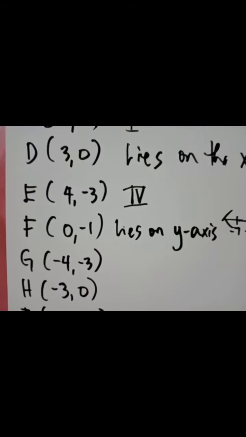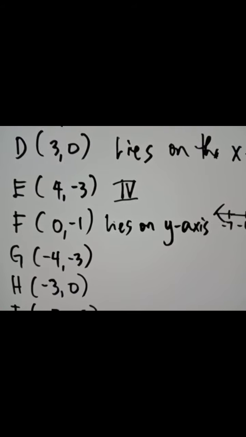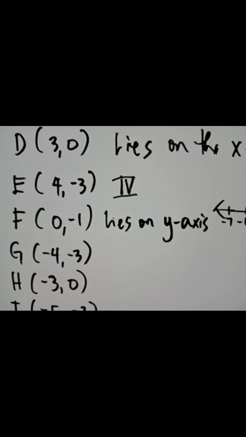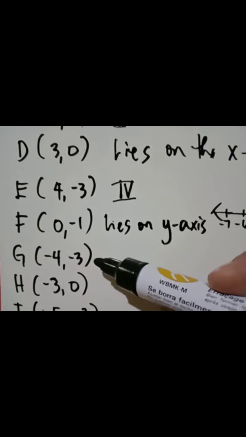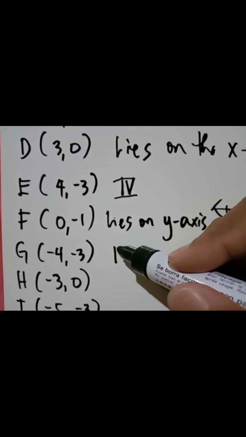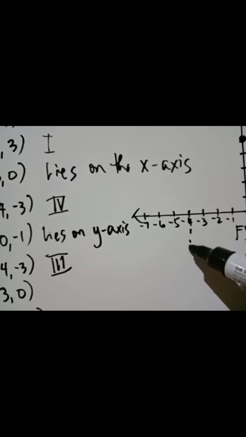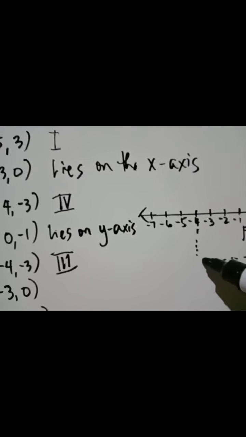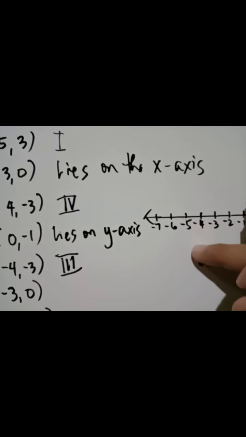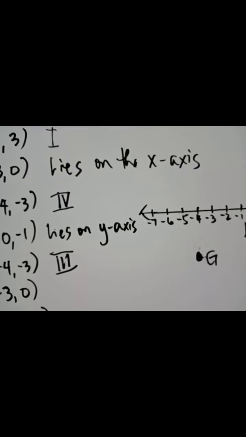So, this is your F. Next, letter G. Negative 4 and negative 3. You have 2 negatives. So, very good. It lies on the third quadrant. Negative 4 of the x-axis and then negative 3, point of intersection. Okay. Then we have, this is point G.